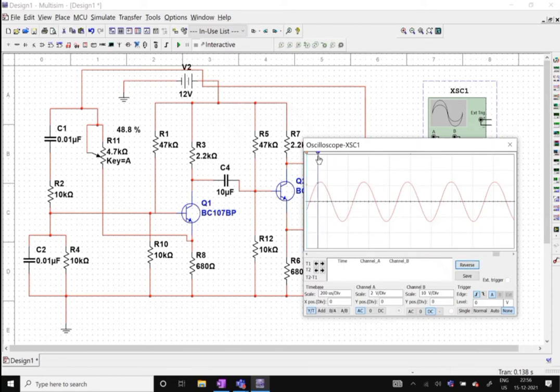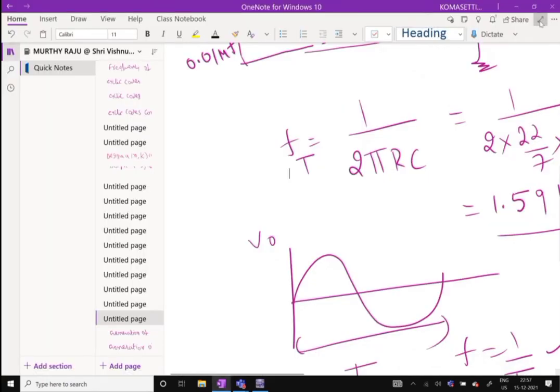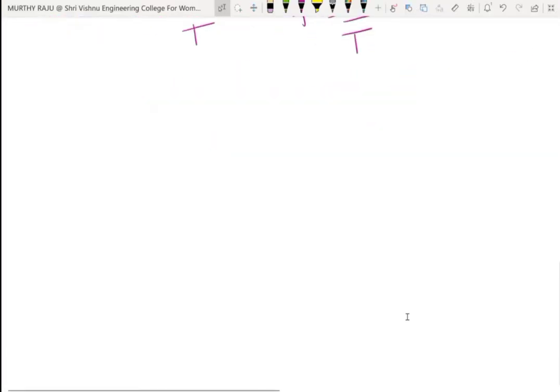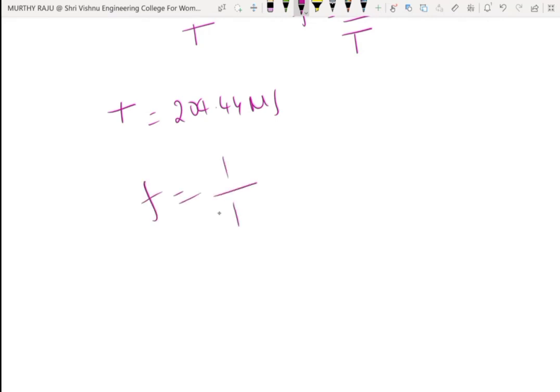The time period T is equal to 204.44 microseconds.